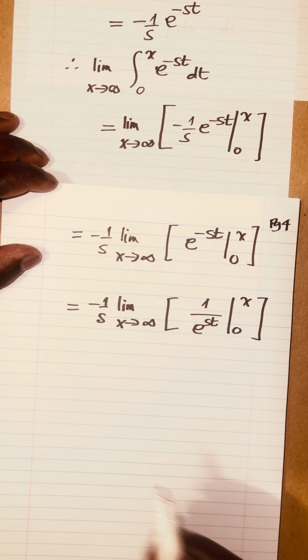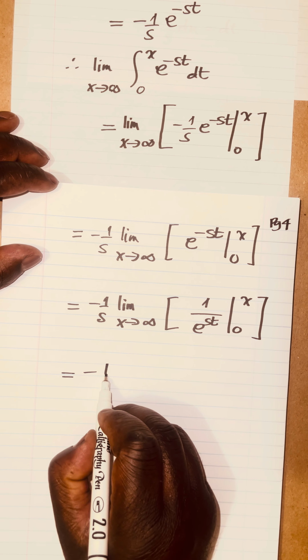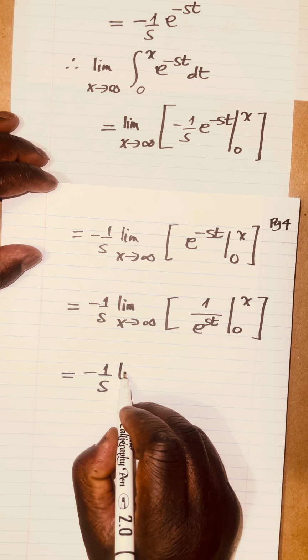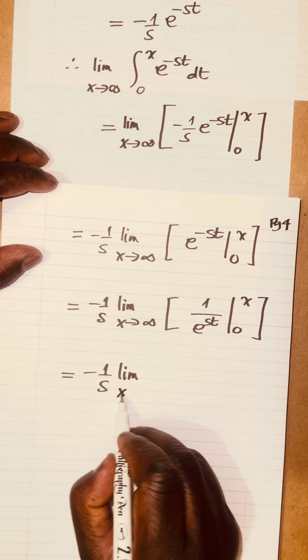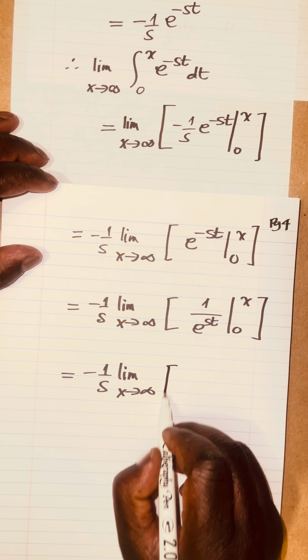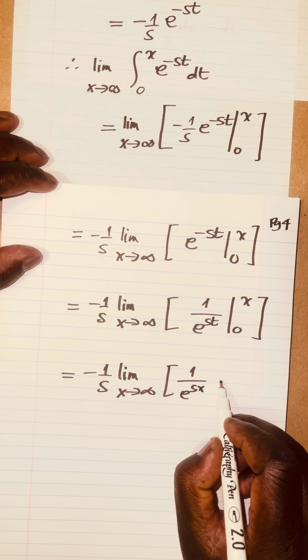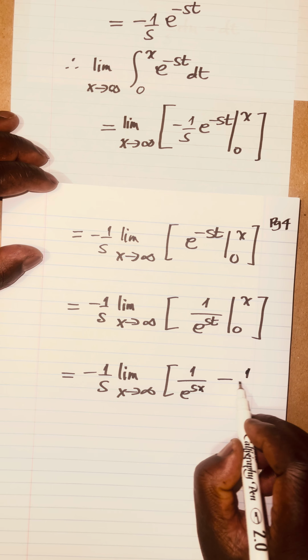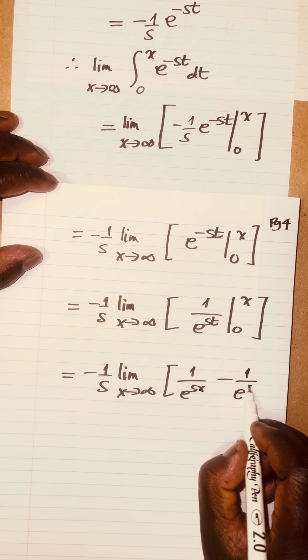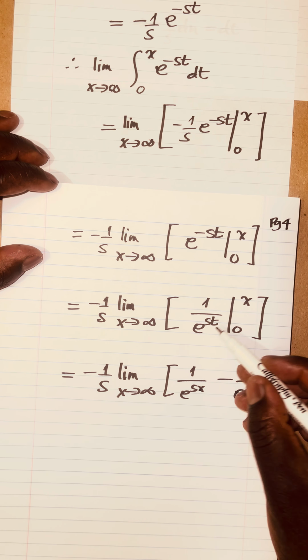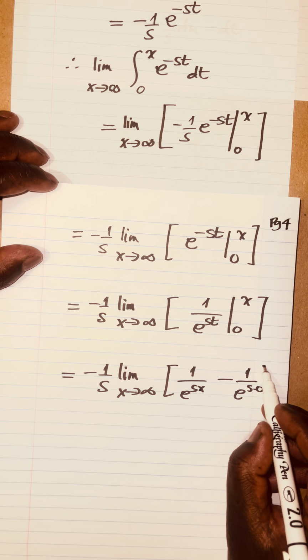Now, what does this mean? This means minus 1 over s times the limit as x approaches infinity of 1 over e to the power sx minus 1 over e to the power s times 0. Remember, you put x there and put 0 there and subtract.